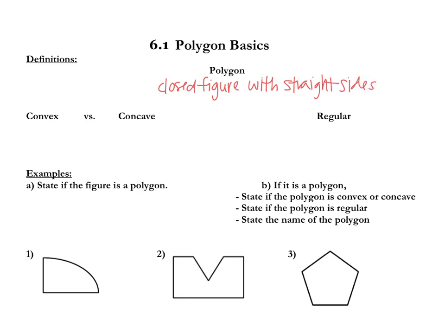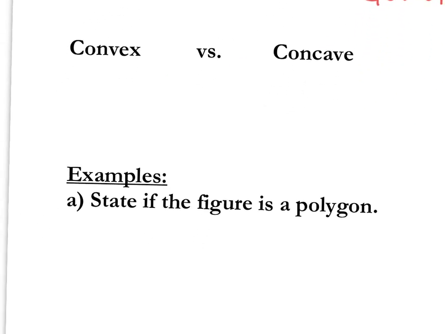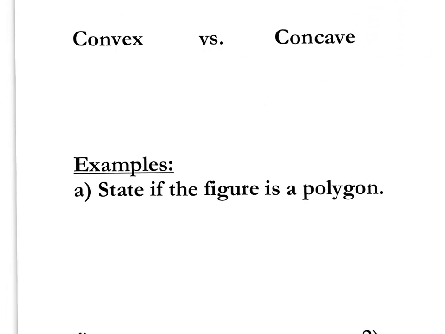Alright, so there are a couple of different ways we can categorize polygons. One way to categorize them is convex versus concave. Okay, so let's take a look at that. Convex means that if we drew in the diagonals of a polygon, all the diagonals stay within the polygon.